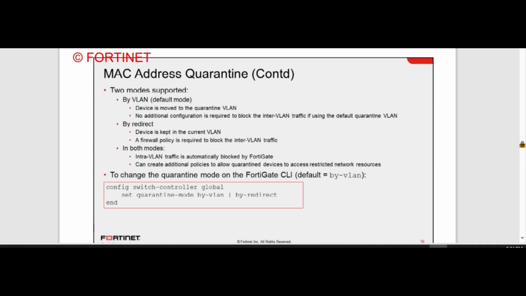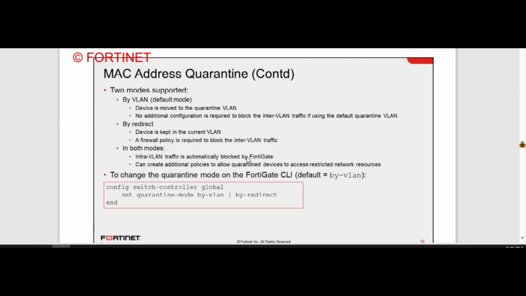In by VLAN mode and in by redirect mode, the inter-VLAN traffic is automatically dropped by FortiGate because the destination MAC address of the traffic does not match the FortiGate interface. The destination MAC address of the traffic is the MAC address of the target device located in the same VLAN.